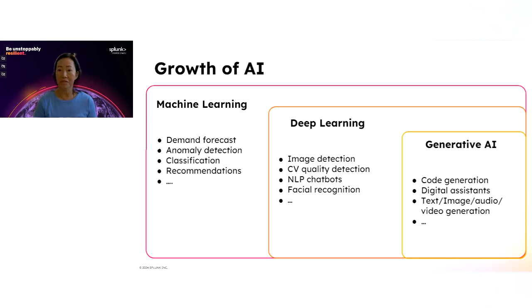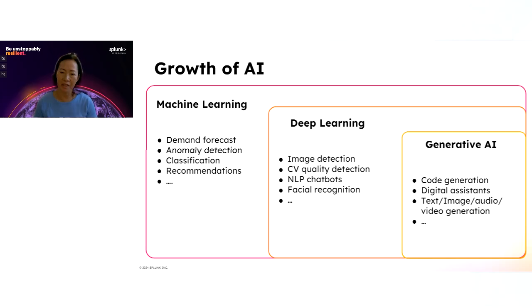All of that is still machine learning. And then you've got deep learning with neural networks, detection, even natural language processing, and facial recognition. And then with generative AI, it's about generating content.